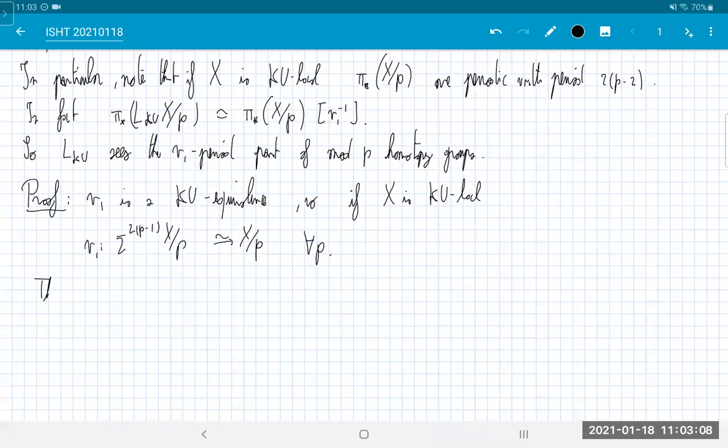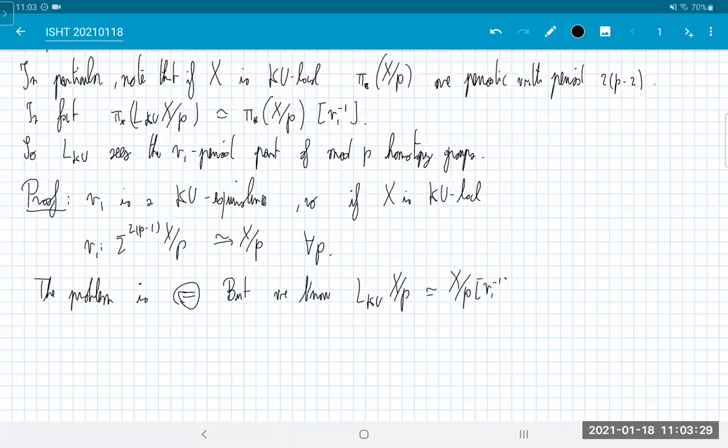So the problem is the other direction. But we know that L_KU of X mod p is X mod p with v1 inverted. So if v1 is an equivalence, we have X mod p is KU local.